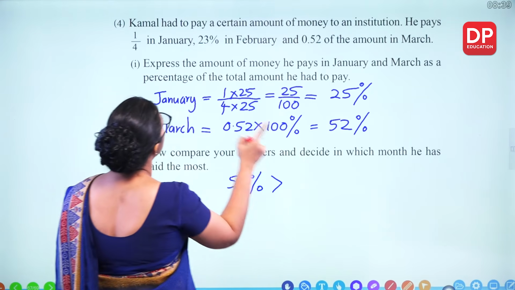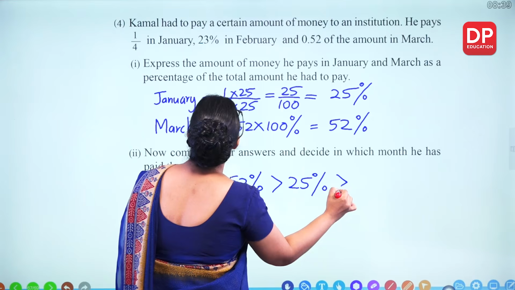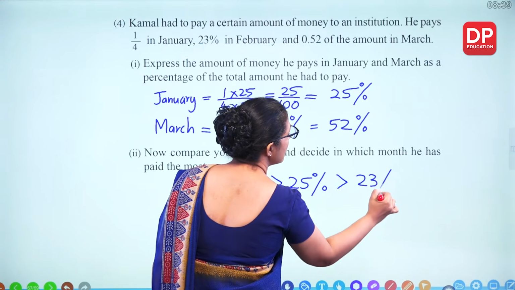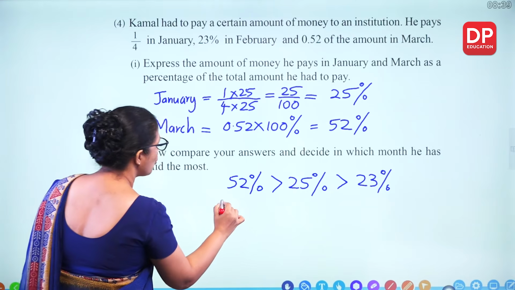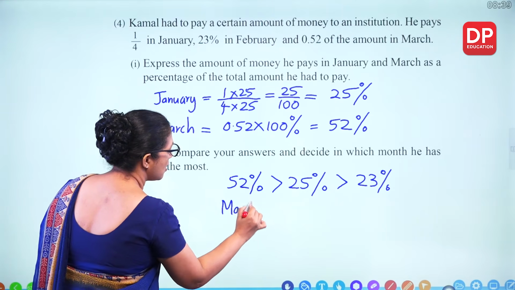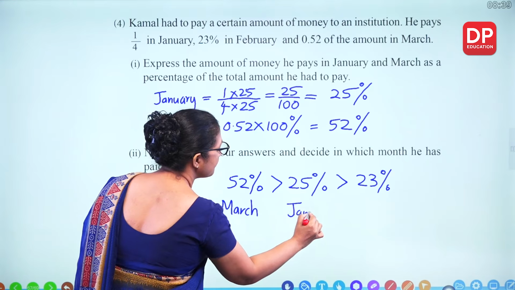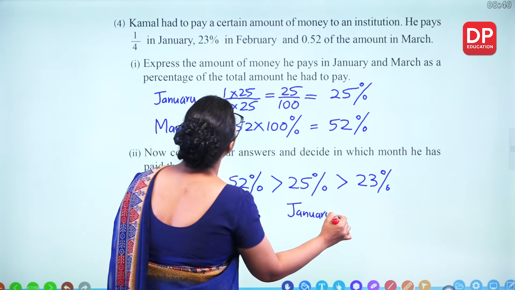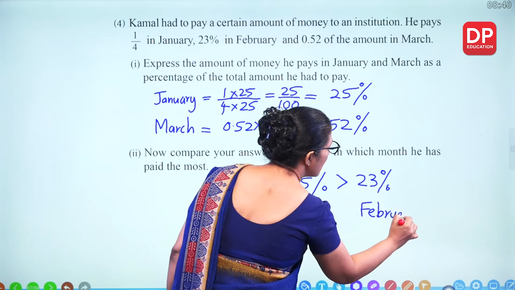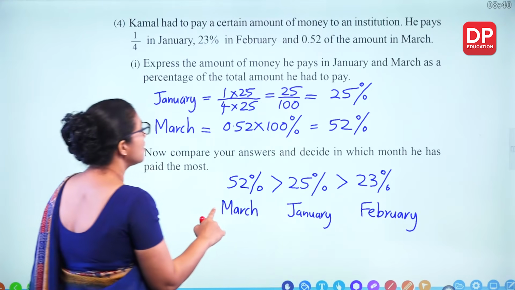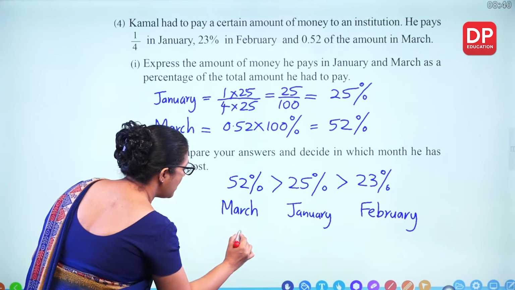Then 25 and then 23. So 52 means March, 25 means January, and 23 means February. So decide which month he has paid the most: March.